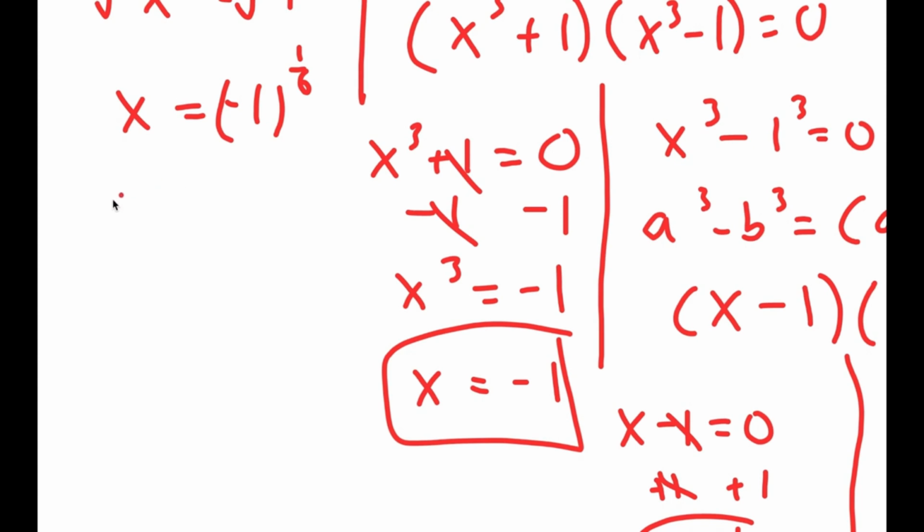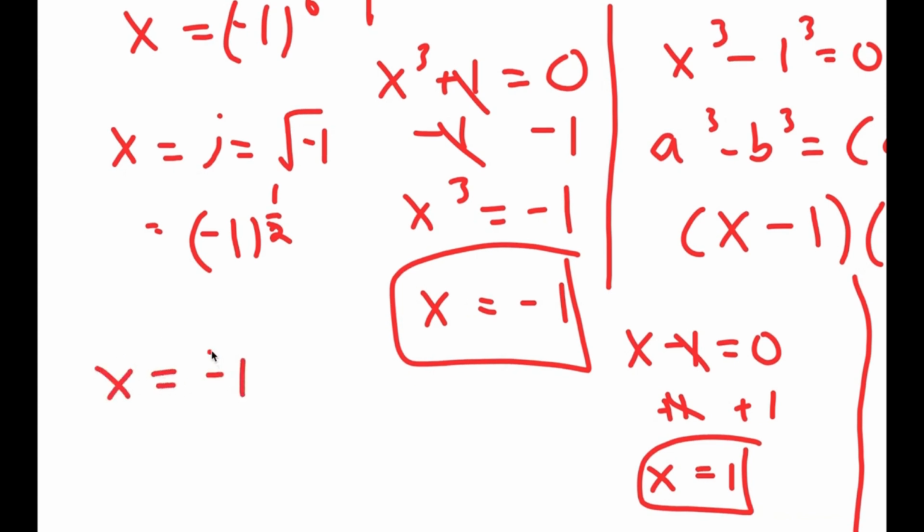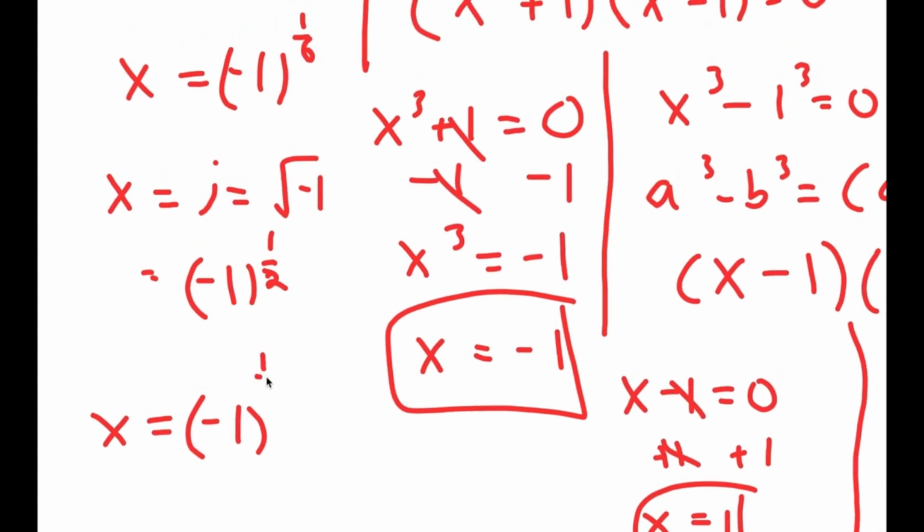we know that i is equal to the square root of negative 1, which is equal to negative 1 to the power of 1/2. So negative 1 to the power of 1 over 6 is the same thing as negative 1 to the power of 1/2 minus something.